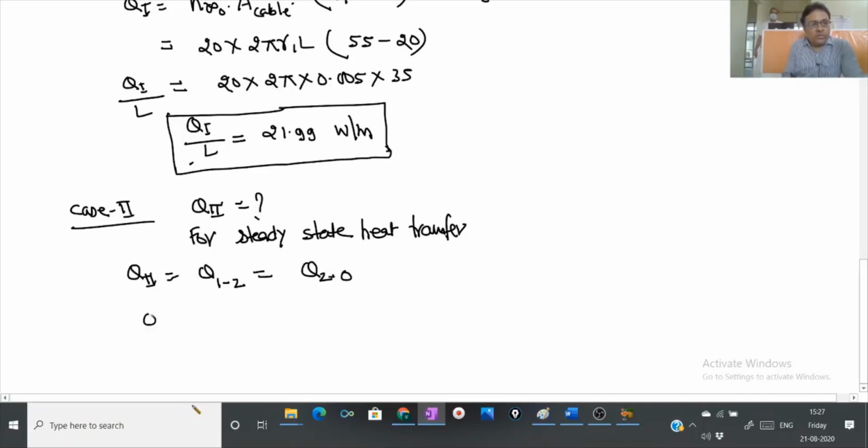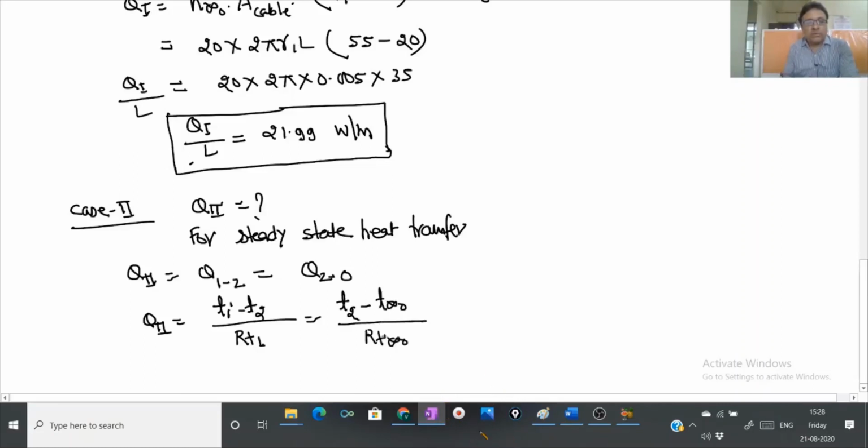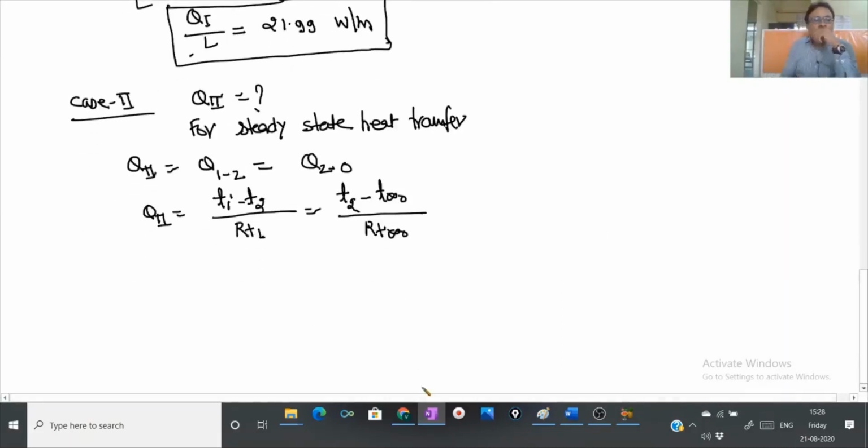Now let us write it down in terms of temperature difference and thermal resistance. Once again, our final aim is to calculate Q2.